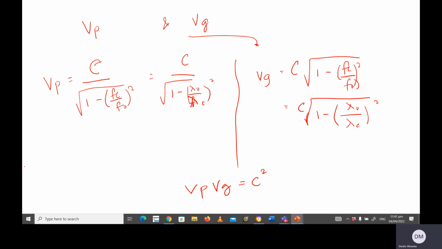And we could say that the guide wavelength, which is this one, is equal to lambda O over the square root of 1 minus lambda O over lambda C square.